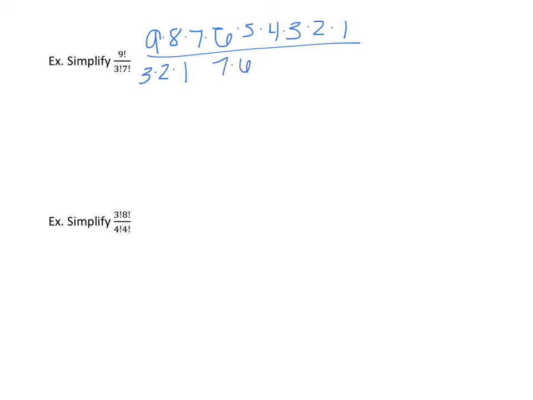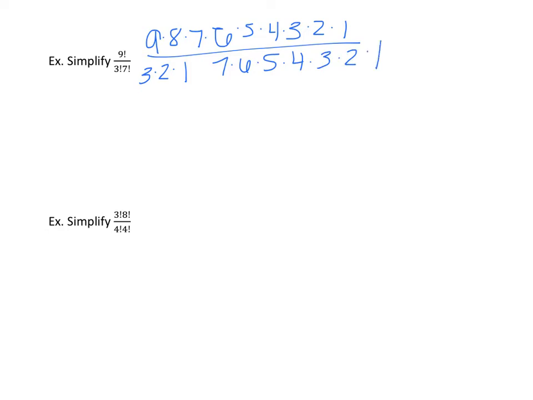Simplifying factorials. Okay, I'm going to write out this one, and then we should catch on to the pattern. 9 factorial will be 9 times 8 times 7 times 6 times 5 times 4 times 3 times 2 times 1. Over 3 factorial is just going to give me 3 times 2 times 1. 7 factorial, 7 times 6, 5, 4, 3, 2, 1.